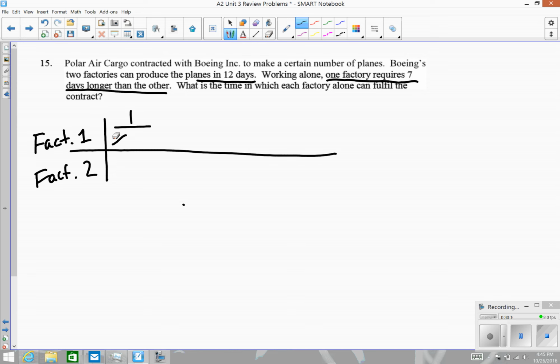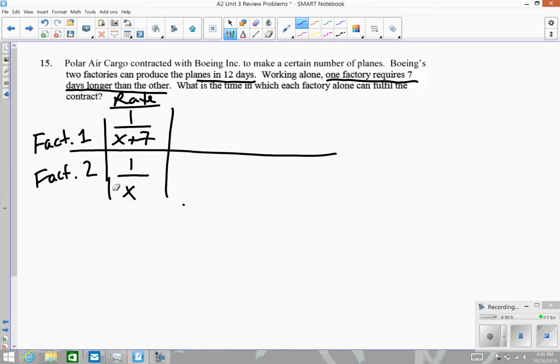So we're going to let x equal the time that the other factory uses, but factory 1 needs 7 more days. So one job in x plus 7 days, and this is the rate. Factory 2 can complete that one job in x days. So there's the rate for each factory.